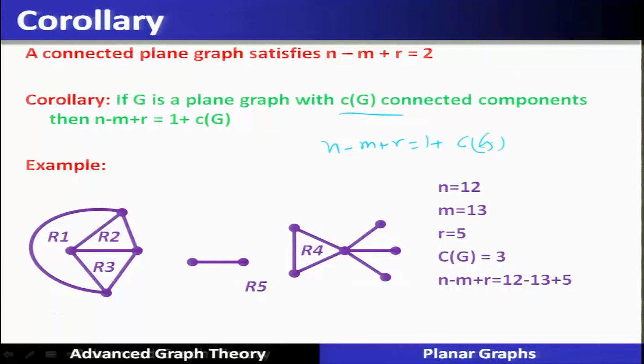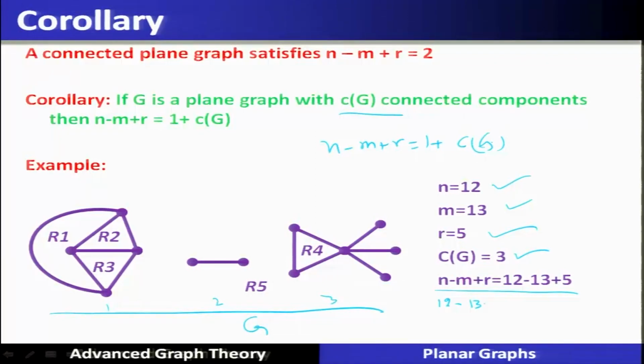Let us take this graph which is having 3 components, 1, 2 and 3 components. Now, this particular graph has 1, 2, 3, 4, 5 different regions. It has 12 nodes and 13 edges. If we plug into this particular formula, 12 minus 13 plus 5, that becomes 4.